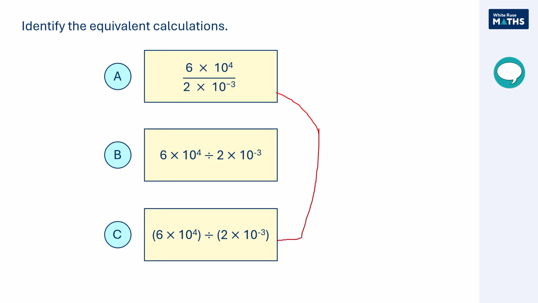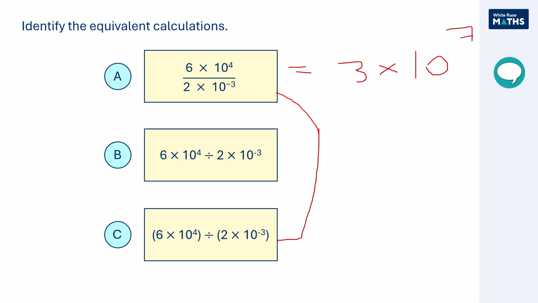Now B hasn't actually got brackets here. So that's not the same as A or C. Because A and C will give you 3 times 10 to the 7, using BIDMAS. So you want to put brackets ideally.